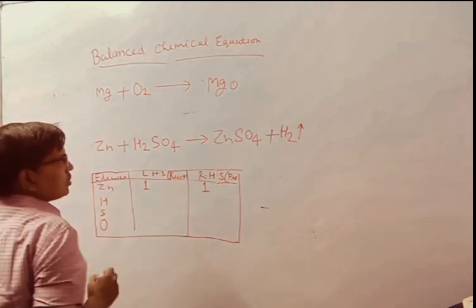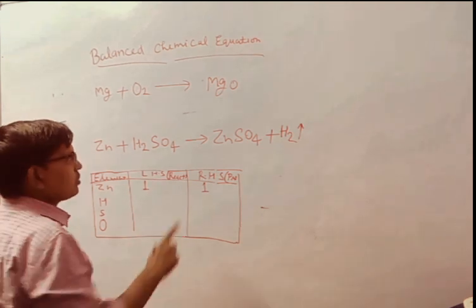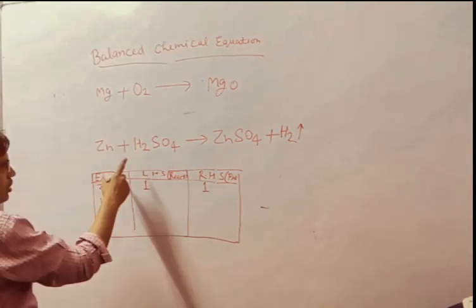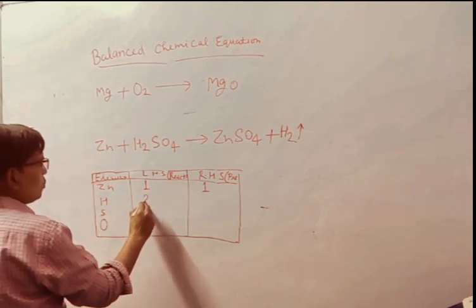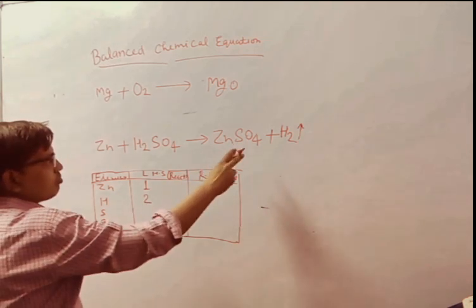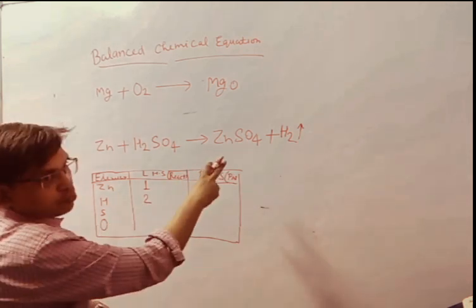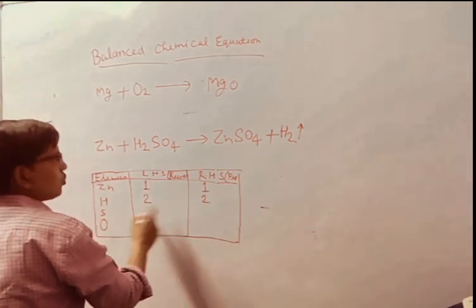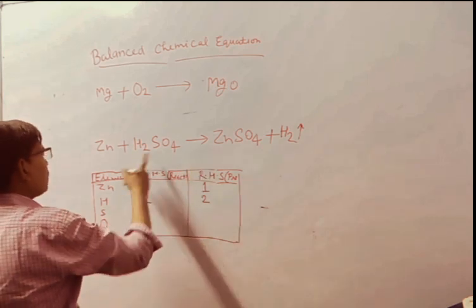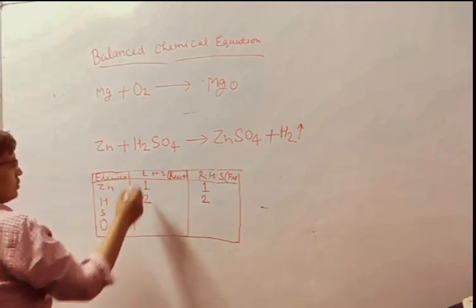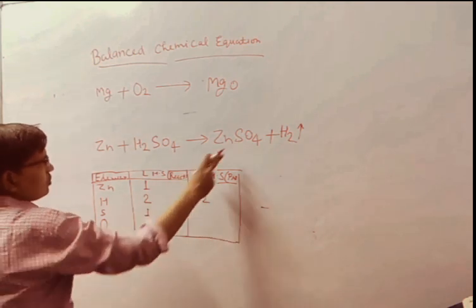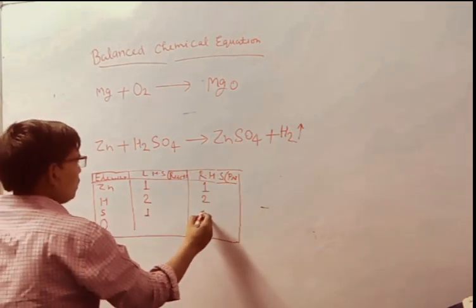For hydrogen, it is 2 at the reactant side and also 2 at the product side, so it is equal on both sides. For sulfur, it is only 1 on the reactant side, and on the product side it is also only 1.